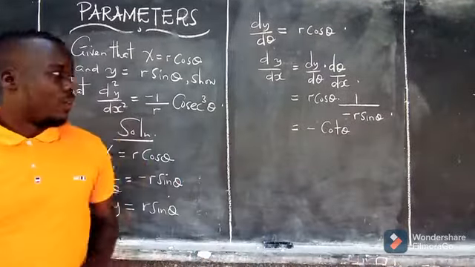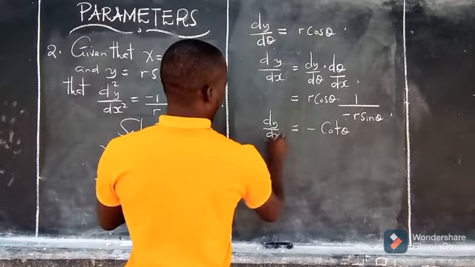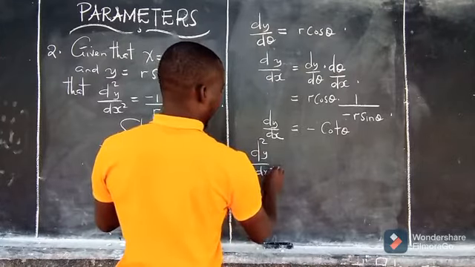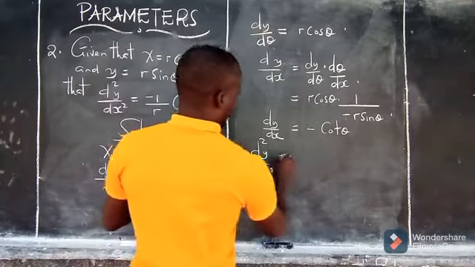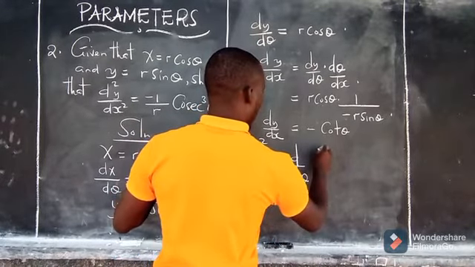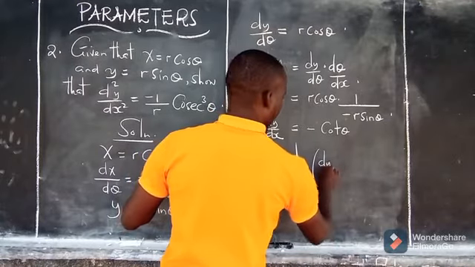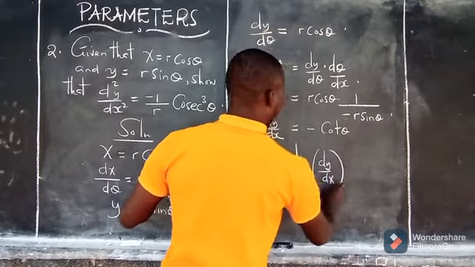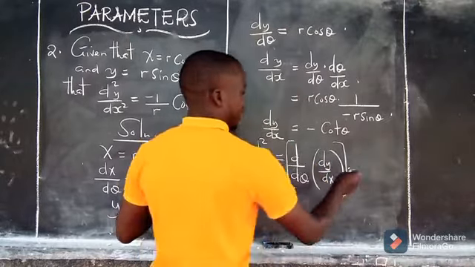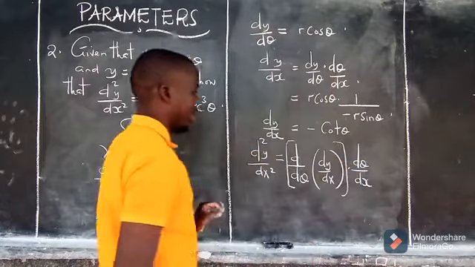Now that we have dy dx, it means we can now proceed and look for the second derivative. But remember, second derivative in this case has a special formula, which is the derivative with respect to theta of the dy dx we have just obtained times d theta dx.